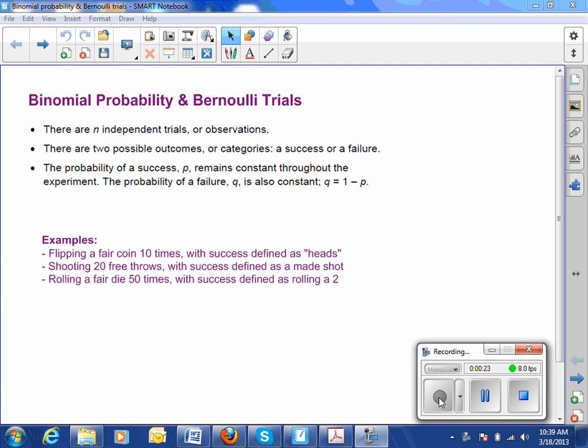Today, we'll be focusing on binomial probabilities and Bernoulli trials. The first thing I'm going to talk about is what the requirements are for Bernoulli trials. Bernoulli trials, by the way, are named after Mr. Bernoulli. I think his name was Jacob, and he was a mathematician back in the early 1700s.